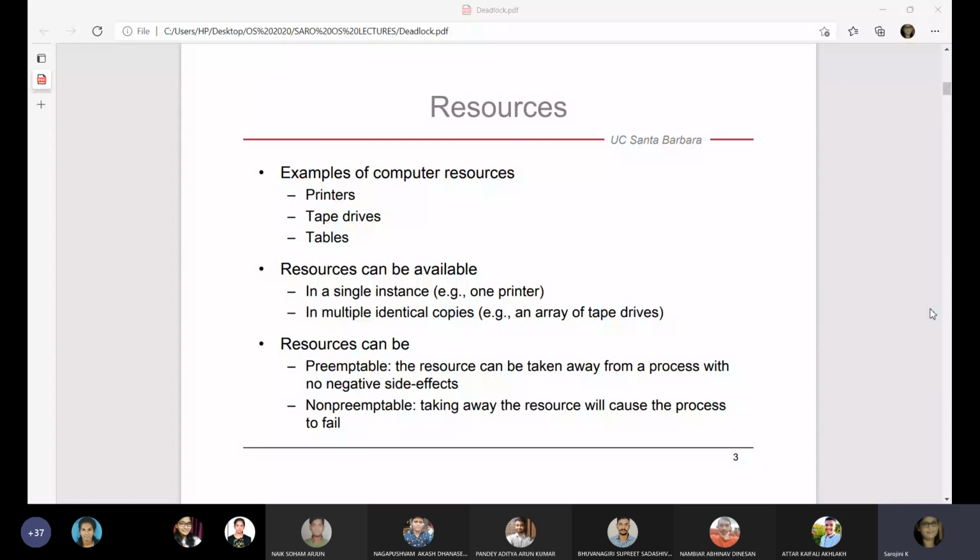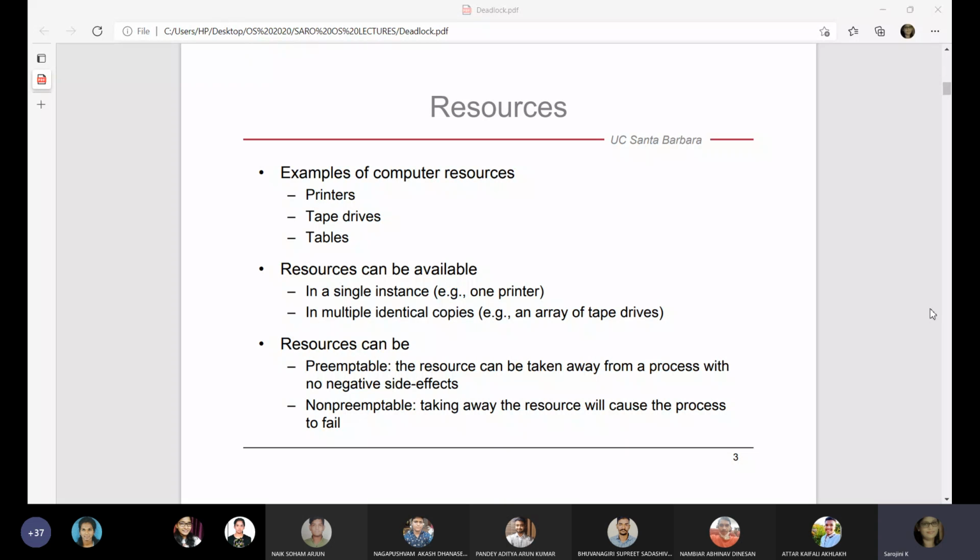Assume that there are two processes, a very simple example: process P1 and process P2. Process P1 is currently holding resource R1. Process P2 is currently holding resource R2.